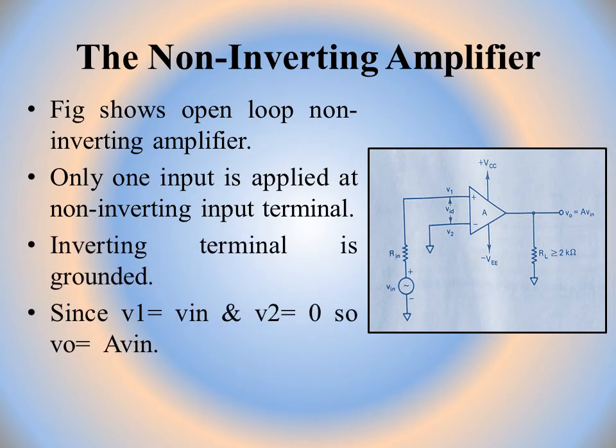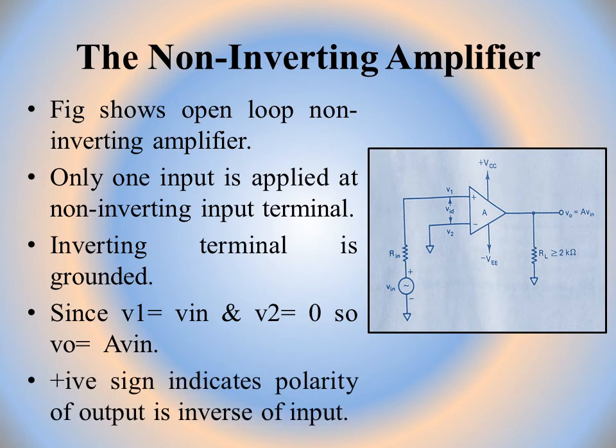The inverting terminal is grounded. Now since we are applying input at V1, V1 will be equal to VIN and V2 will be 0 because it is grounded. So the output voltage will be V0 equals A VIN. This will be positive. The positive sign indicates the polarity of output is the same as input.